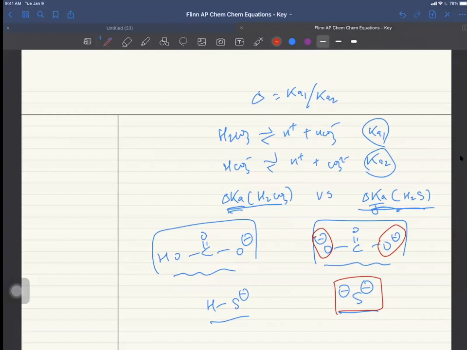If you check the data, this is around 10 to -7, this is around 10 to -11. So the ratio is about 10 to the power of 4. But for the H2S data, the first one is, I forgot, around 10 to -10, the second one is about 10 to -20. So the ratio is 10 to the power of 10. So the conclusion is correct, but we can interpret the stability of the anion with -2 charge in this way.